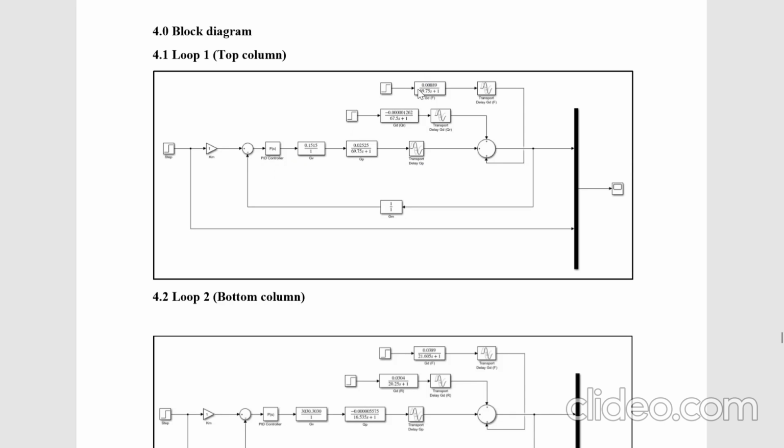These two are the transfer function disturbances of feed and reboiler in the top column, whereas in the bottom column we have them for feed and also for reflux. These are followed by the transport delay or FOPDT, where the value of theta is inserted. This helps us find the ultimate gain and ultimate period.